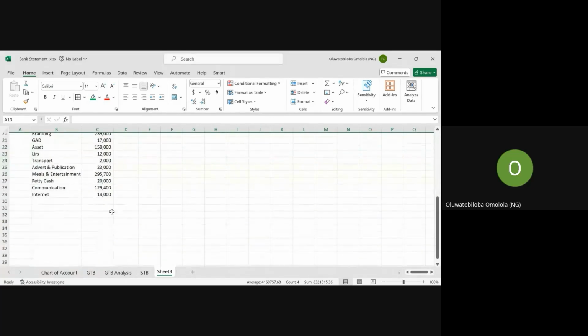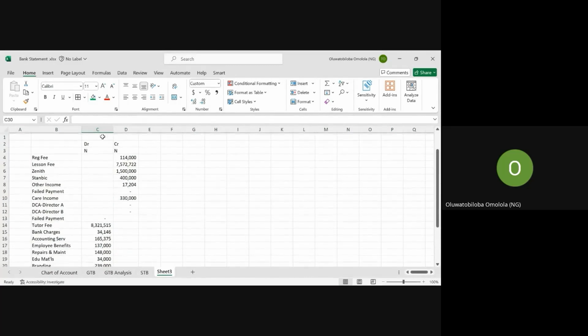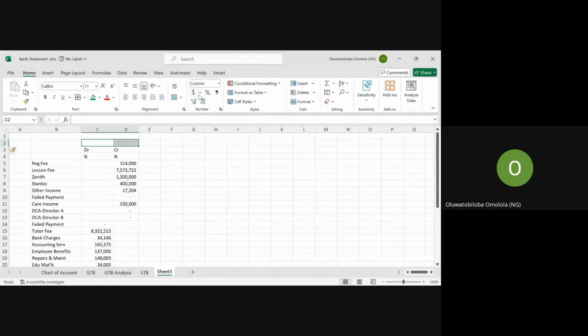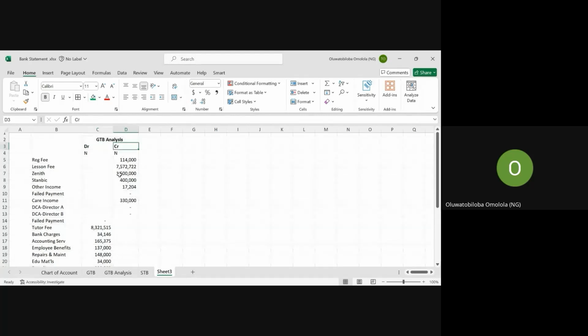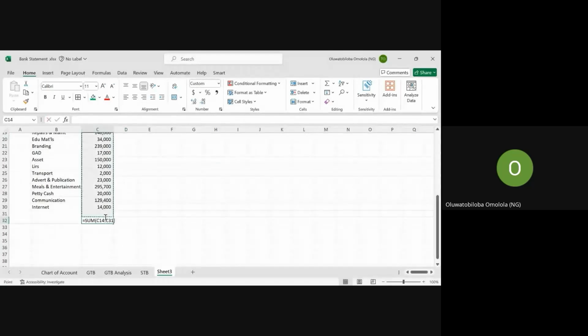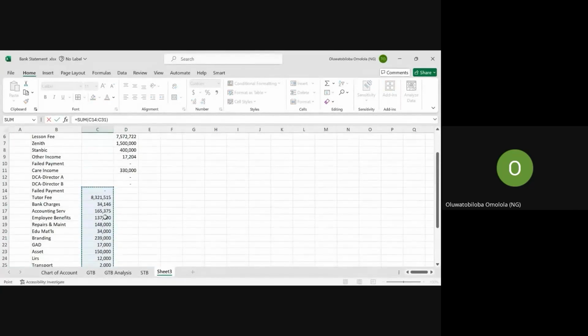So once I've done this, this is GT Bank analysis, abi. This is GT Bank. You know that it's possible that you have so many banks. GTB analysis. So once you have done this, you will now find your total. Remember, to find total, you just do alt equal to.